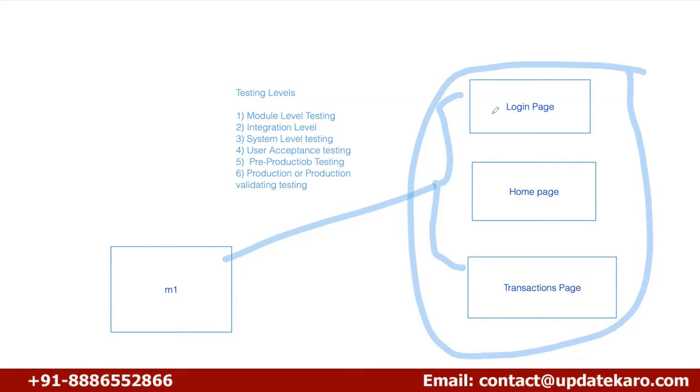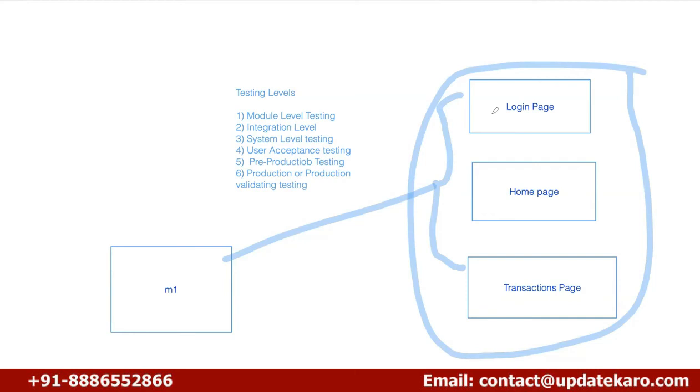Suppose they don't have a testing team, then we, whoever certified this application, will install that application on the clients' machines, and if we test that application in the presence of clients, that is called UAT testing. Means in the presence of the clients' environment.